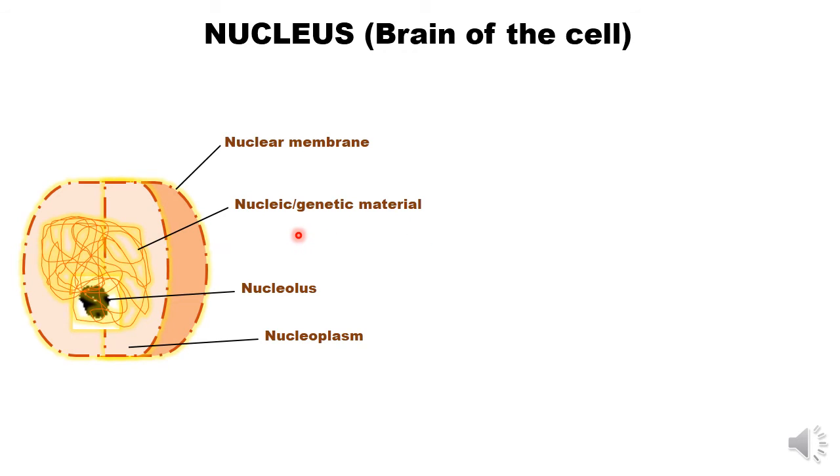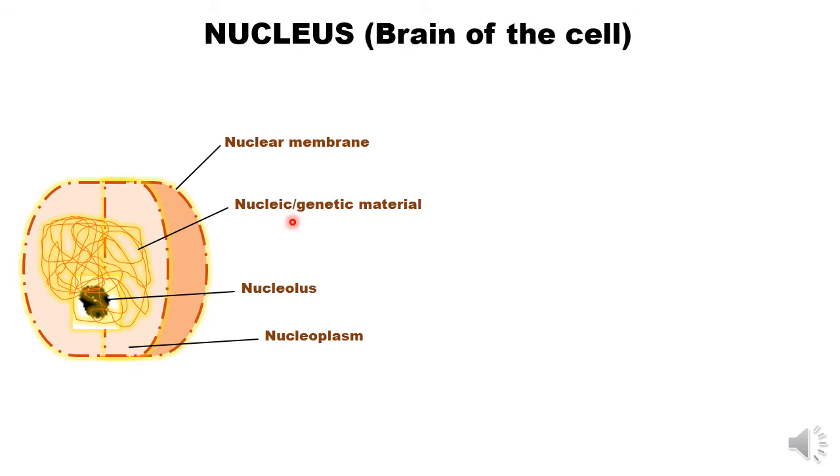In prokaryotic cells, the nucleic material lies just in a particular region of the cytoplasm known as the nucleoid, while in eukaryotic cells, this nucleic material is enclosed in a double membranous protective structure. So it is a very distinct cell organelle known as the nucleus in eukaryotes, and the nucleoid in prokaryotes, where there is no membrane covering the nucleic material.